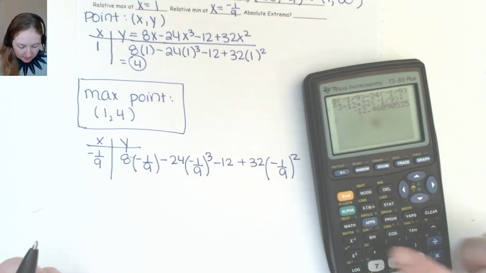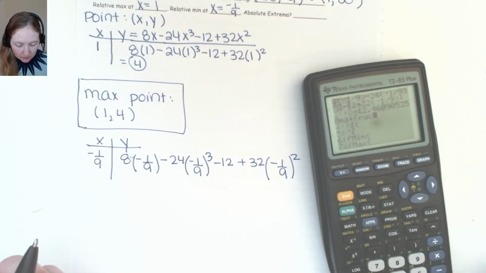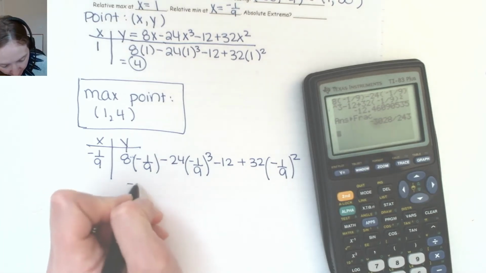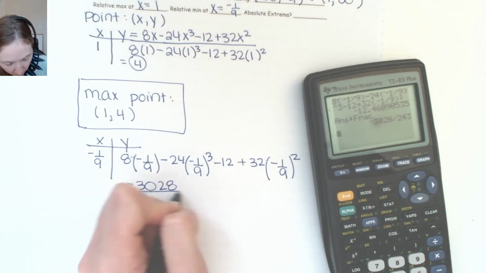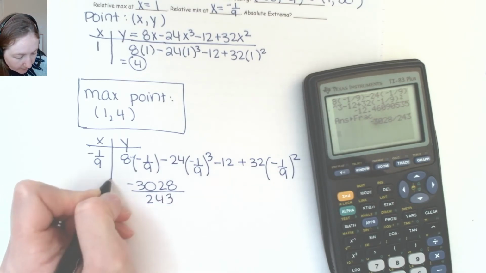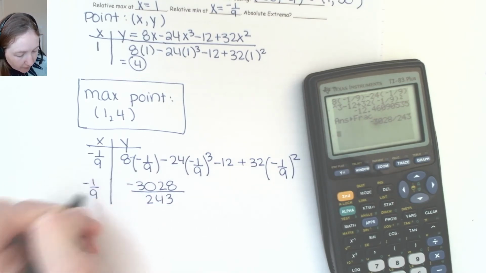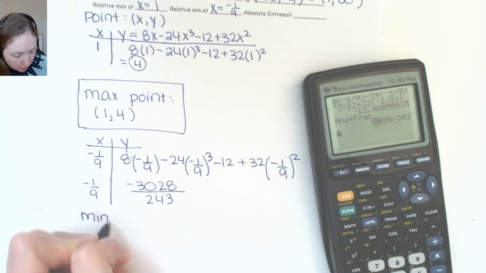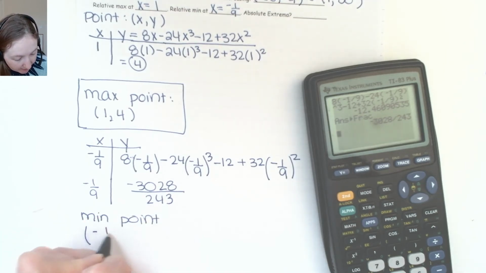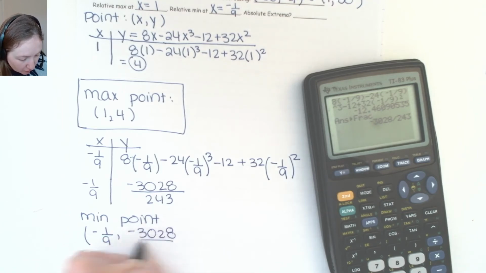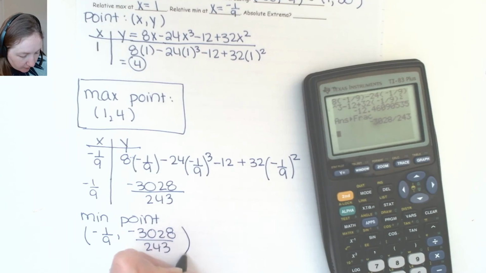To convert that crazy decimal, hit math, frac, number 1, and that gives you -3028 over 243. So your minimum point, and again, this is a relative minimum, would be (-1/9, -3028/243).